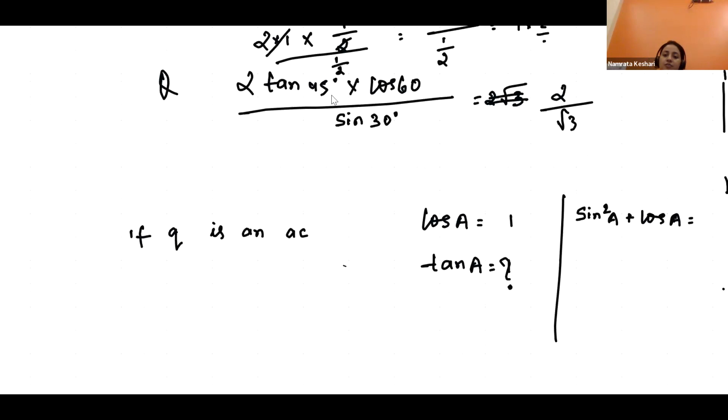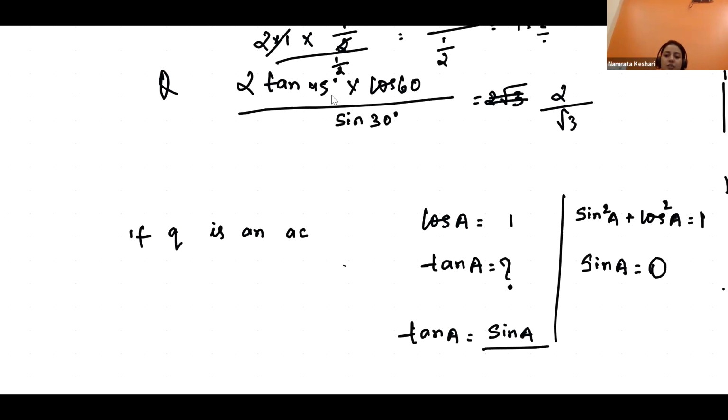From here, it is clearly visible that we are going to get sin A as 0, right? And if sin A is 0 and cos A is 1, then tan A can be written as sin A by cos A. That means sin A is 0 and cos A is 1, 0 by 1.